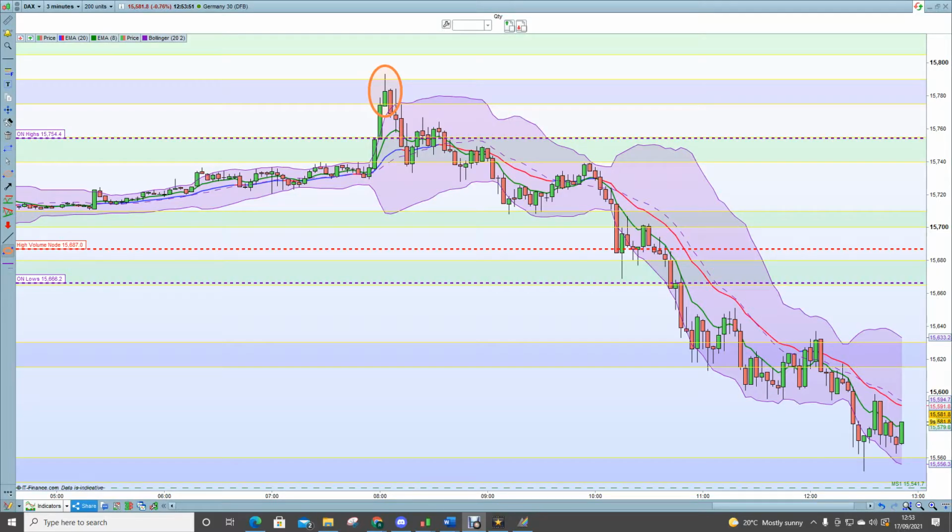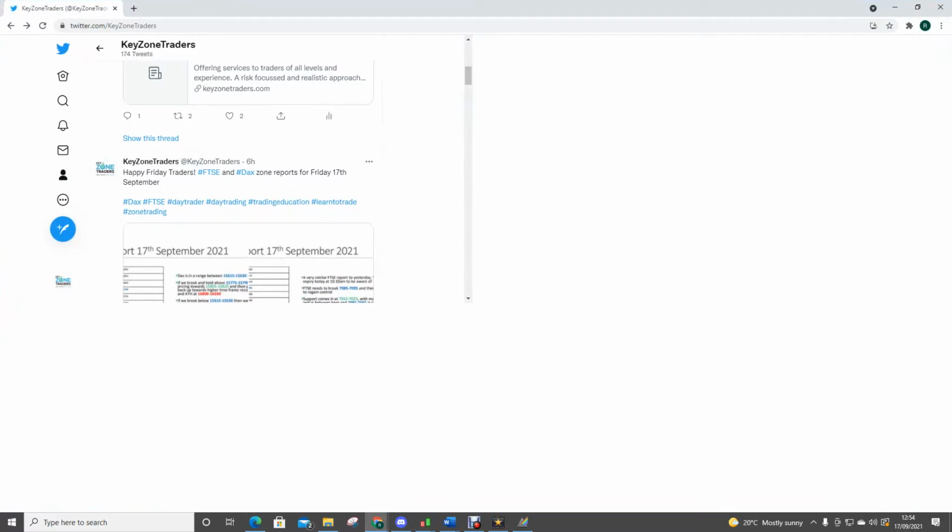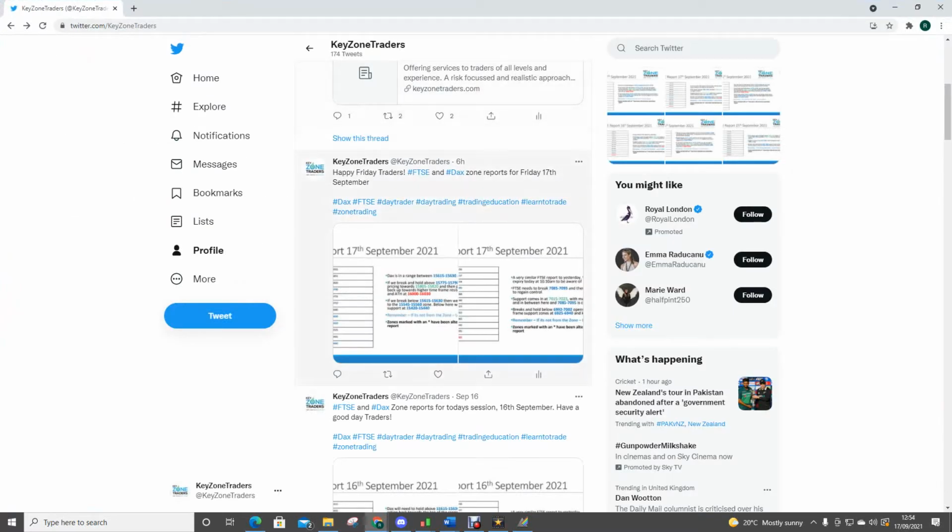Right traders, so let's look at the reversal that we took today in the DAX. Again, this was a day trading strategy, and we were looking at this on the 3-minute chart. On our Twitter account this morning, we issued what will become part of our Keyzone subscription service.